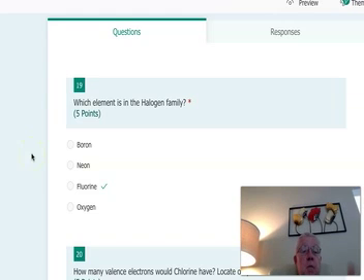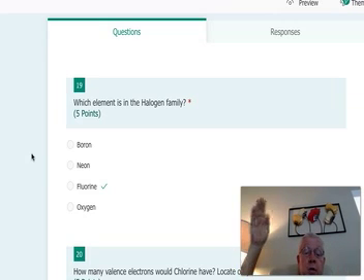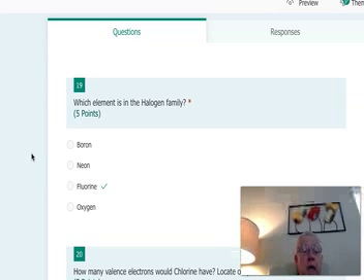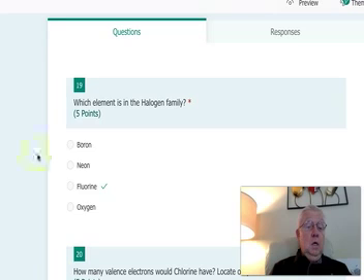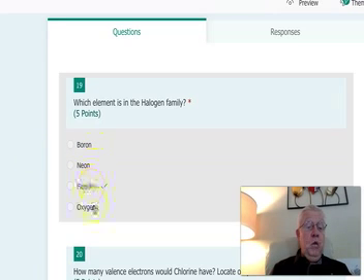You need to memorize where the halogen family is found. It's found all the way over to the right, one group inside of the noble gases. So you know where they are. The next thing you need to do is just be able to pick out the elements. Is it boron, neon, fluorine, or oxygen?